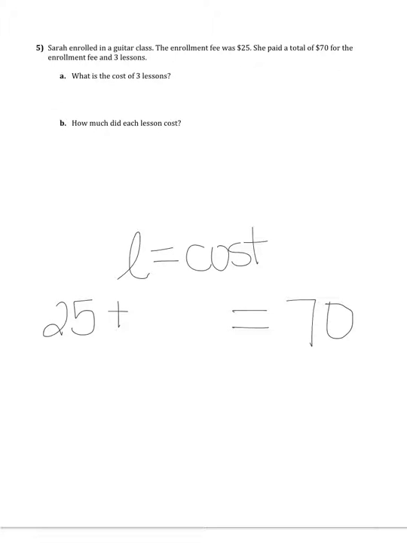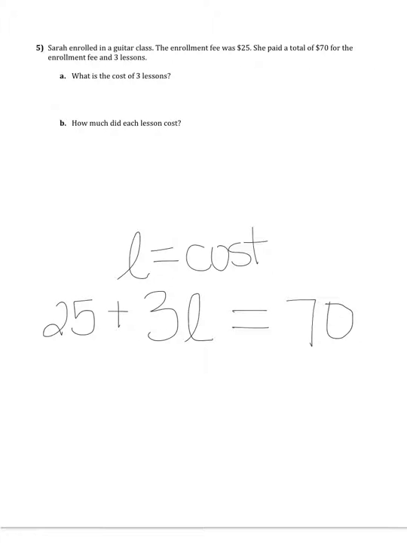Let's say each lesson cost $10. So she took 3 lessons, so I would take 3 times 10. But in this case, we don't know what the cost is, so we're just going to take 3 times L, since we've defined the cost as the variable L. So here's my equation.